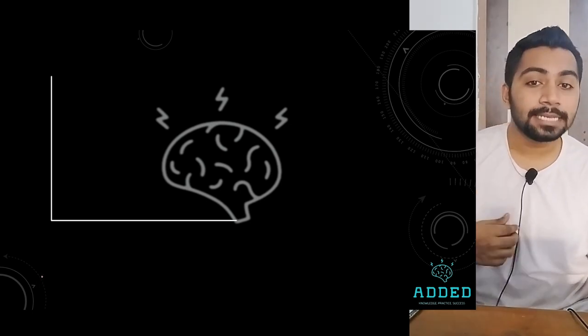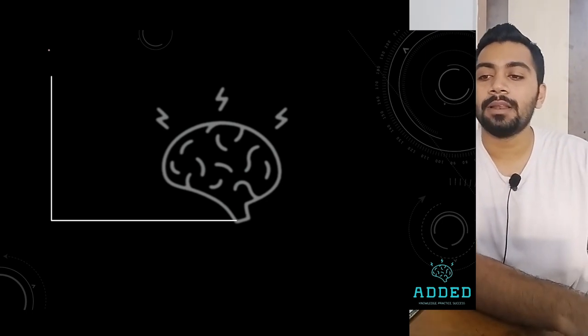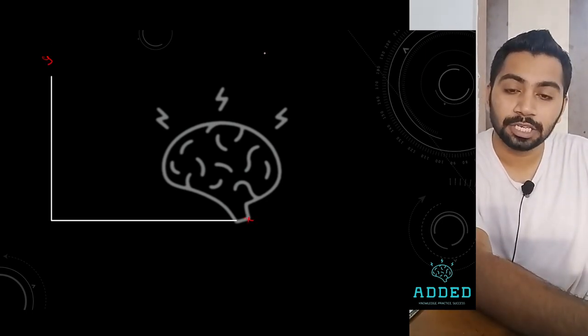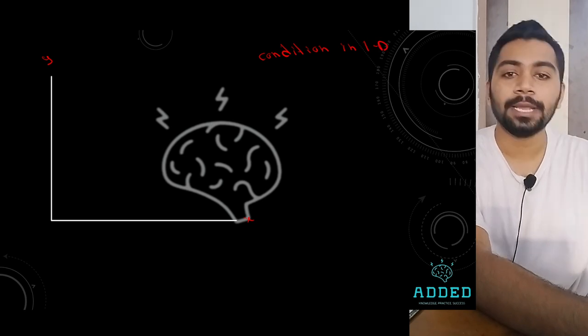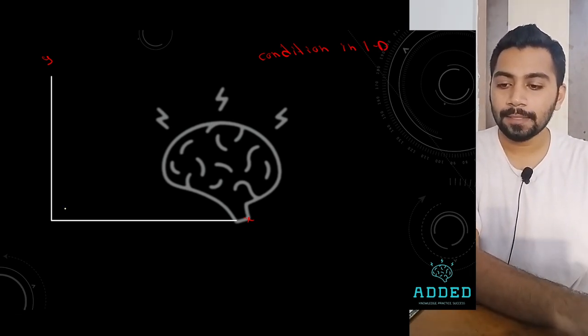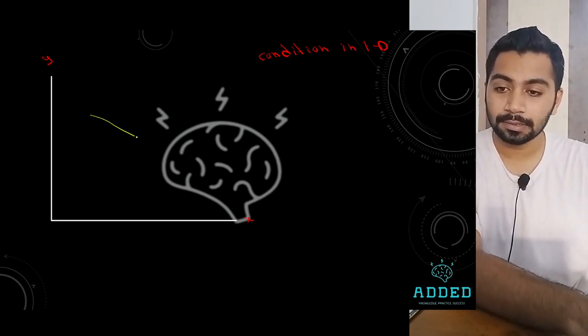Okay, now see, this is very important. How to write this displacement in unit vector form? Very simple, I will make it simple. This is the condition in one dimension, 1D. Now let's say a body is traveling like this.